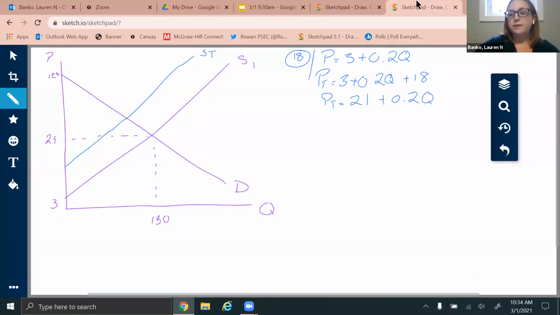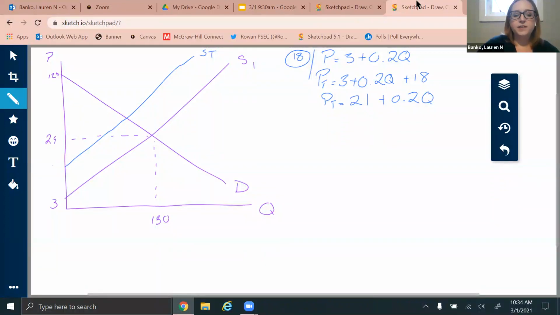This new curve with the tax should be to the left of the original. So even without doing this out, this curve should be to the left. Taxes are bad for sellers. It's a negative thing. The government wants money from them. So supply decreases or moves to the left.